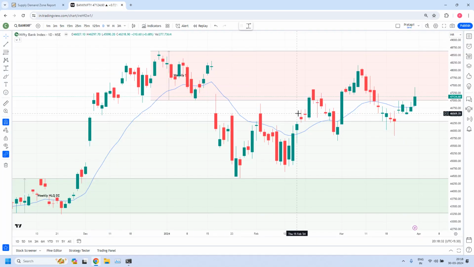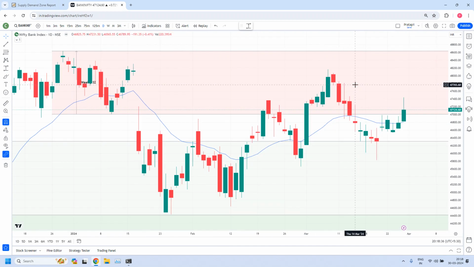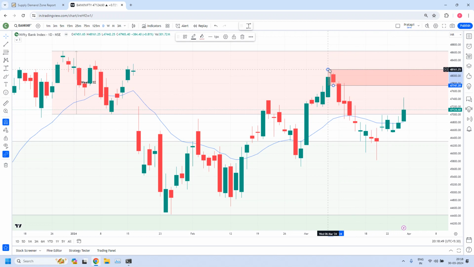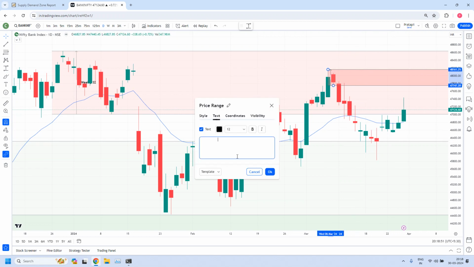So 6th March. So this is the one. Here we have a daily supply zone. So let me add the text.